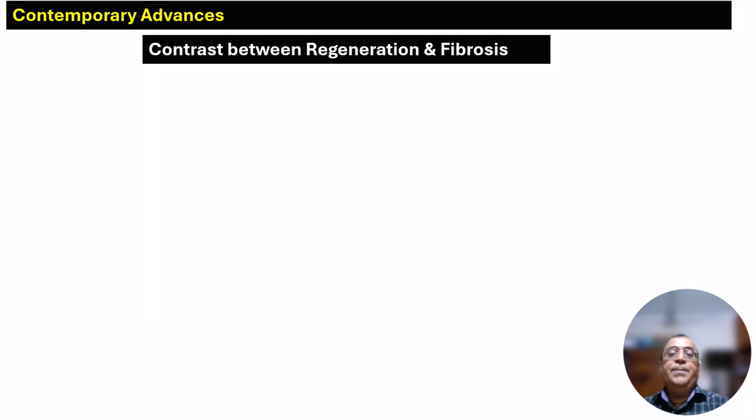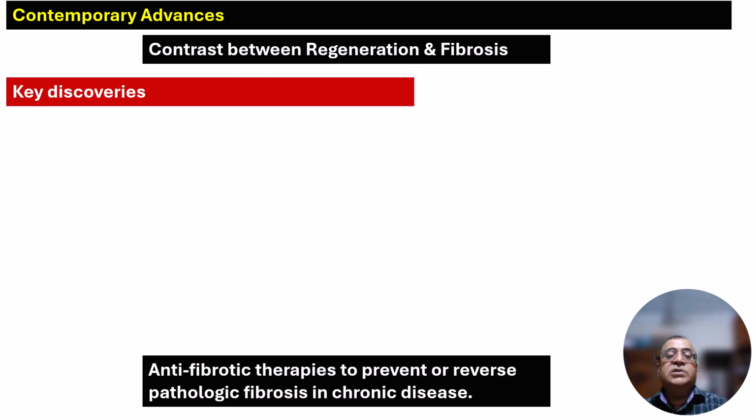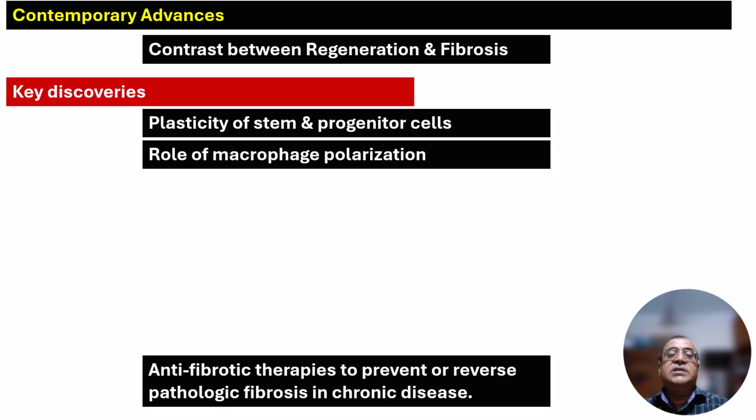Now there are contemporary advances in tissue regeneration and tissue healing, and scientists have now contrasted very well between regeneration and fibrosis. Many key discoveries have been made in the modern era. One is the plasticity of stem and progenitor cells in tissues like intestine, skin, and liver.